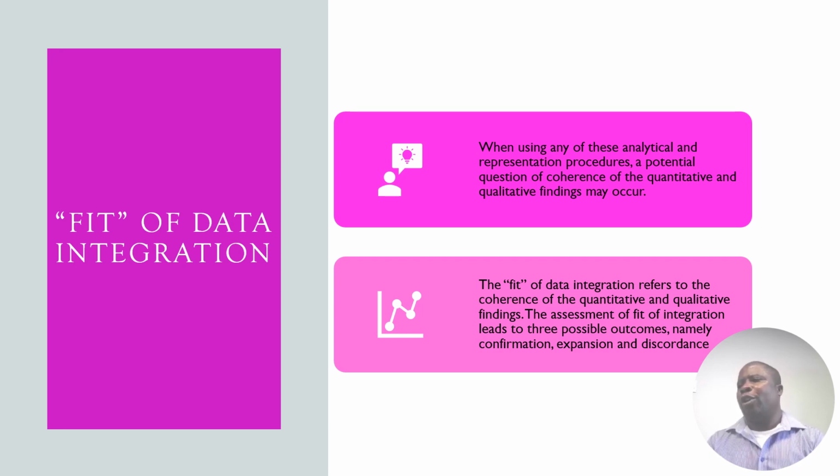There is confirmation. When we talk of confirmation, we are saying both the qualitative and quantitative findings are agreeing. There is an agreement of the findings. When you achieve that, we say your findings have a higher level of credibility.